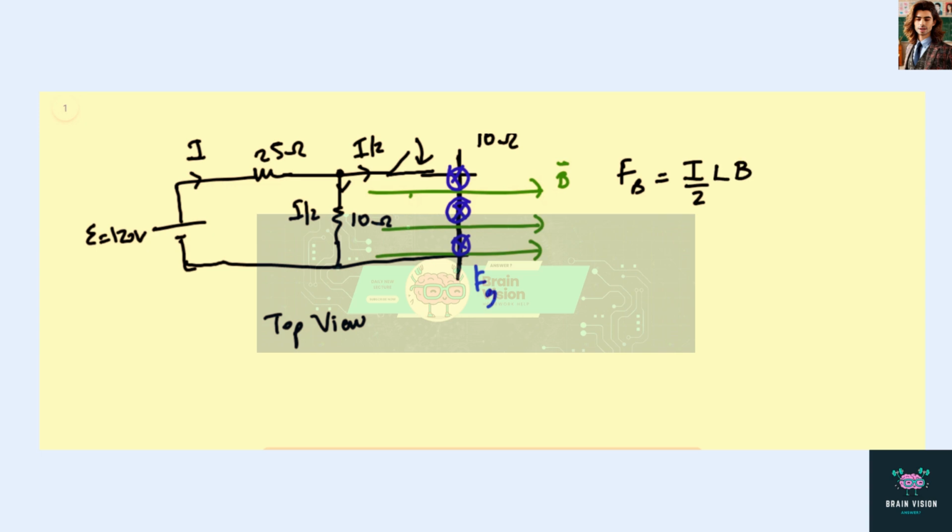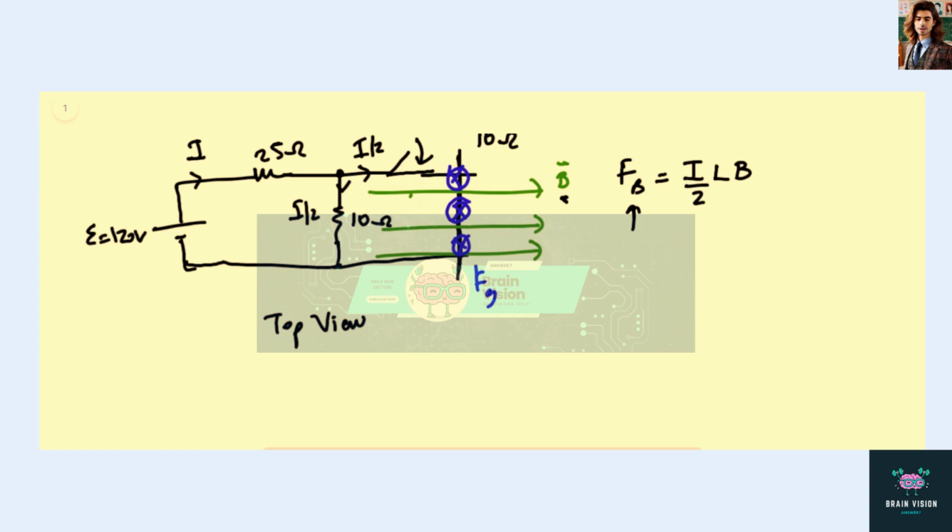The magnitude is I over 2 times L times B. Let's look at the direction of F sub B. Align your thumb with the direction of the current, which is down this way, and then the rest of your fingers with the magnetic field. Curl your fingers 90 degrees.